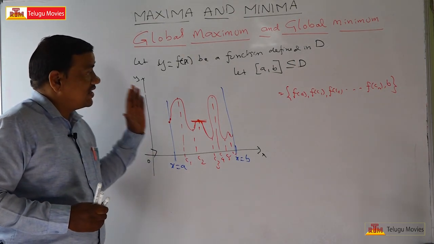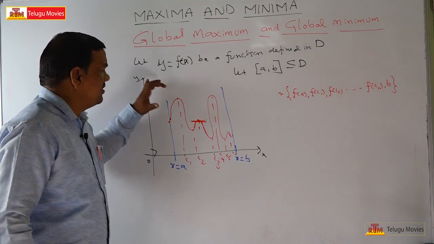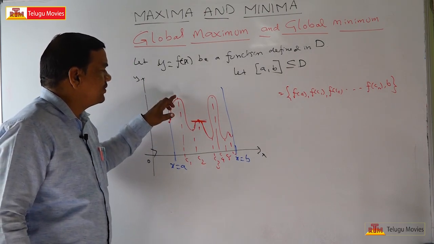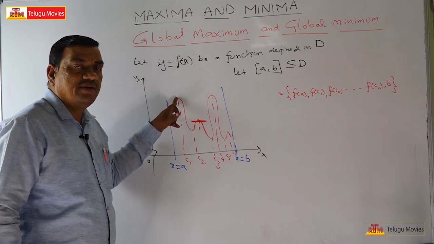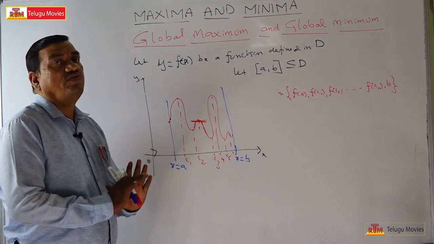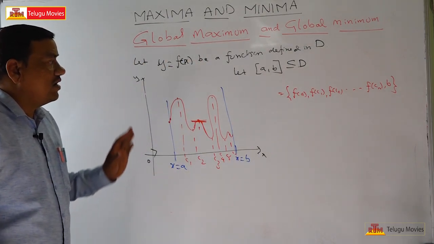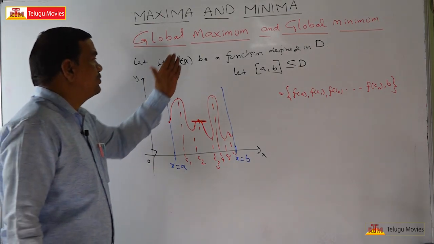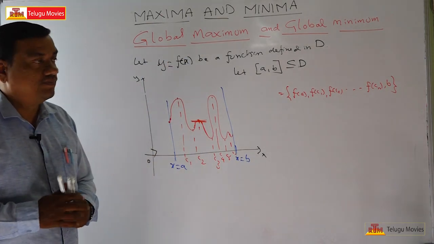Wherever critical points, turning points, and stationary points are there, you find out the functional values. You substitute in that function and you will get the values.